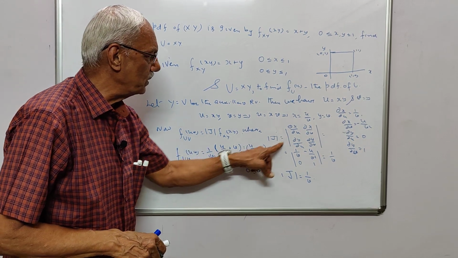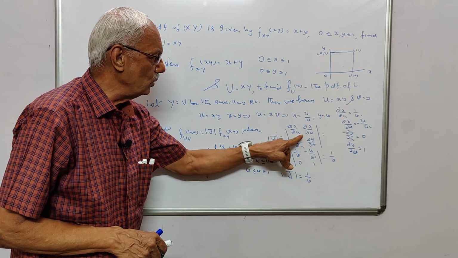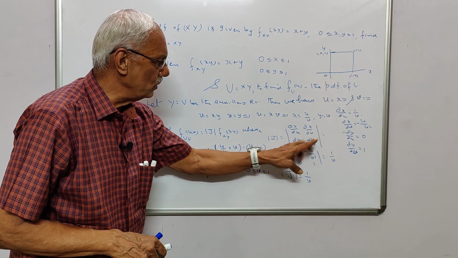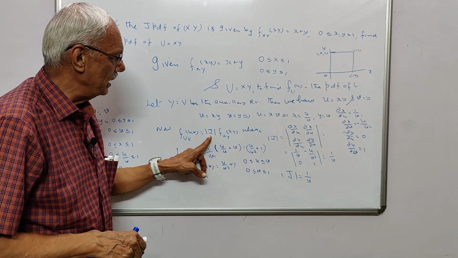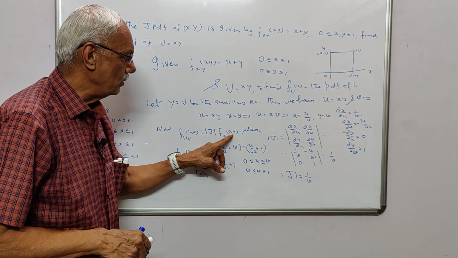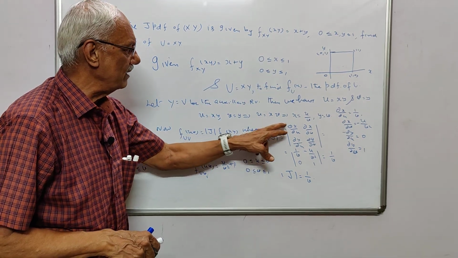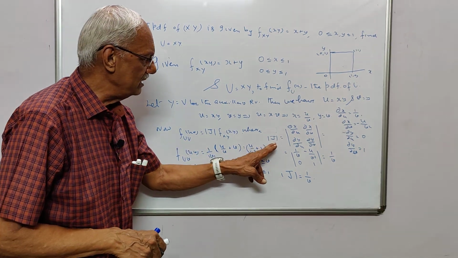The Jacobian is obtained in this way, where J is equal to the determinant of ∂x/∂u, ∂x/∂v, ∂y/∂u, and ∂y/∂v. This Jacobian is multiplied into your probability density function, which must be changed to the random variables u and v. Now how do you get this J?